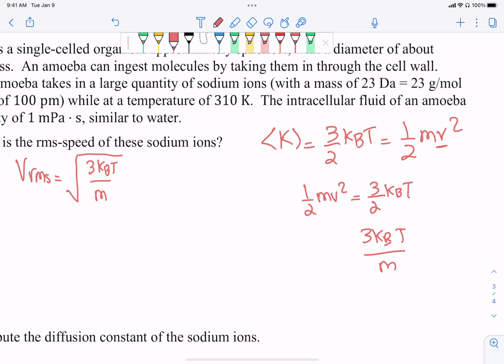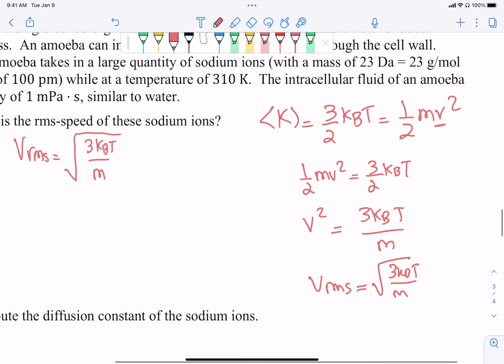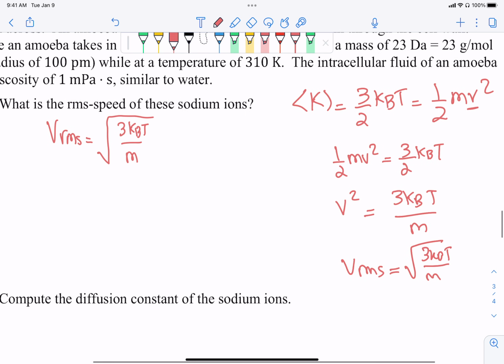If I divide by m, I'll be left with v squared. Taking the square root, VRMS is equal to the square root of 3kBT over m. So you can derive it that way as well. Maybe they didn't give you this one out of the box. Oh, it is given. Maybe I overlooked it. Energy section.